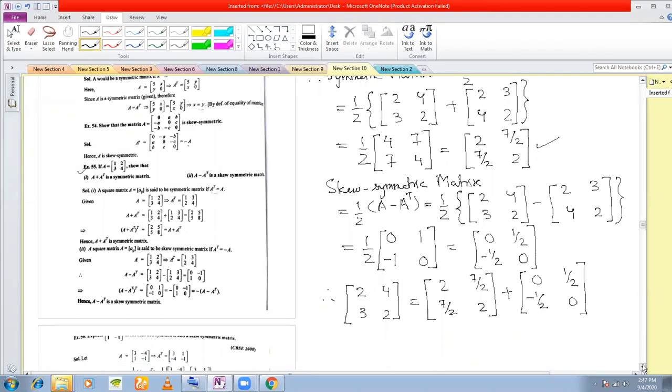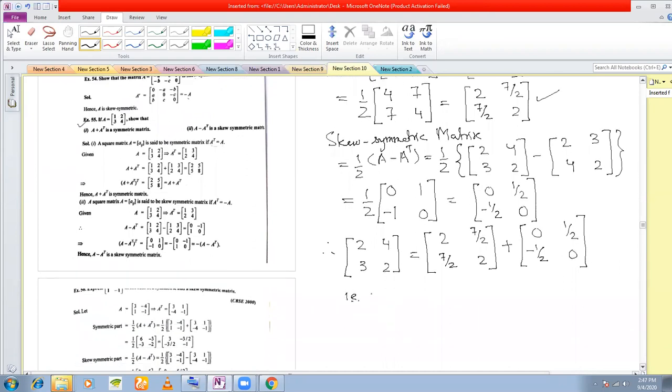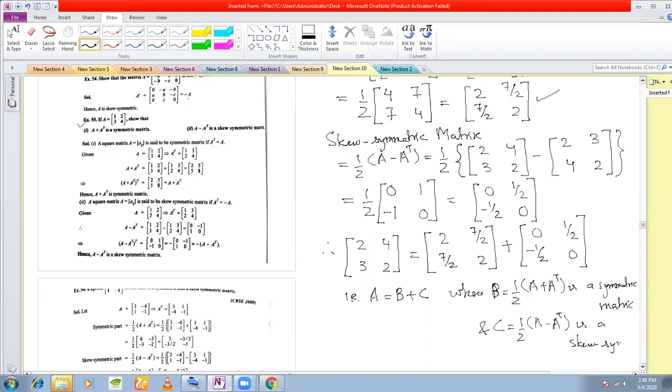So the matrix A has been expressed as the sum of two matrices B and C, where B equal to half of A plus A transpose is a symmetric matrix, and C equal to half A minus A transpose is a skew symmetric matrix.